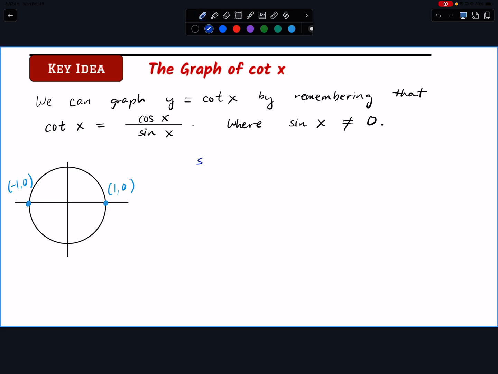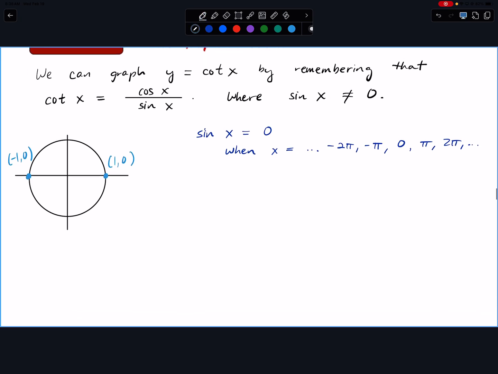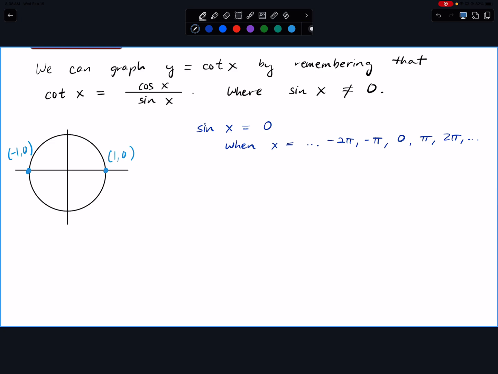So sine of x is equal to 0 when x is equal to negative 2 pi, negative pi, 0, pi, 2 pi, and so on. So if we know that, that's going to help us draw a tangent pretty easily.